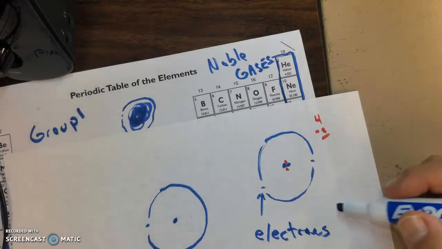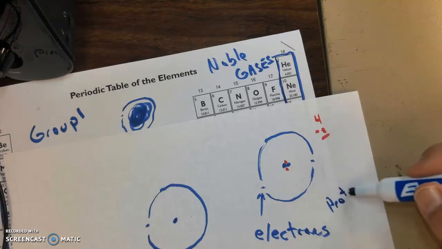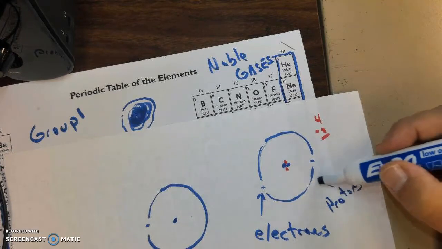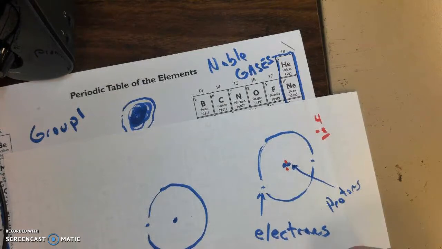And you've got protons. They're the positively charged subatomic particles that are in the nucleus of an atom. And then you also have neutrons, and they're neutrally charged. They just add girth and oomph, mass to the atom.